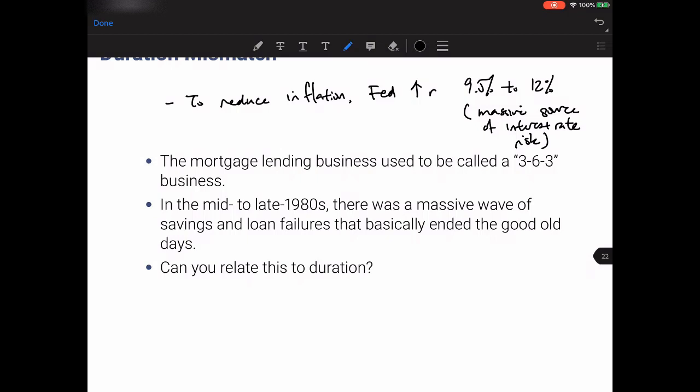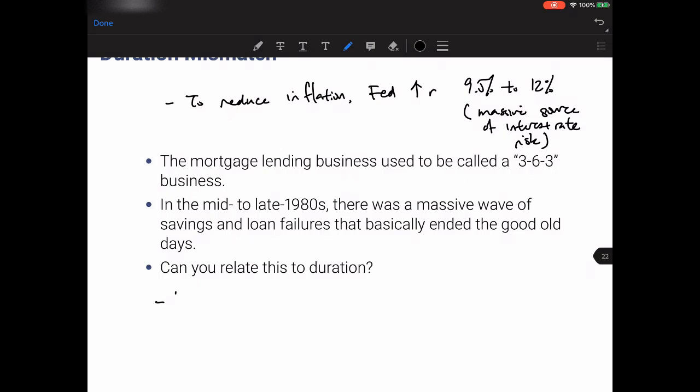So what happened is that the Federal Savings and Loan Insurance Company had long-term loans at fixed interest rates, but those loans turned out to be lower than the borrowing rate. So they ran out of capital and couldn't generate enough money to pay off their liabilities.